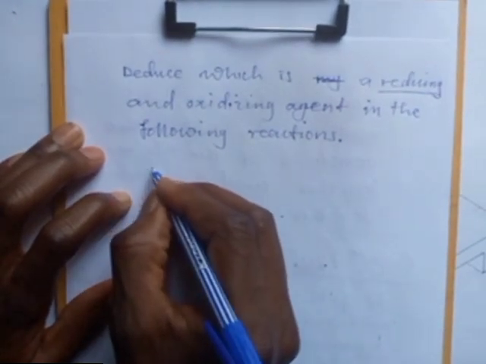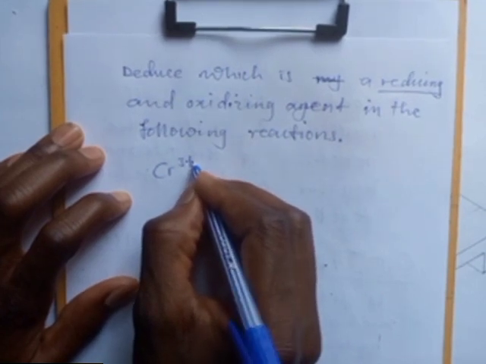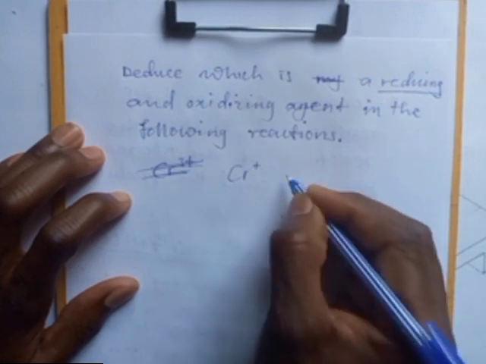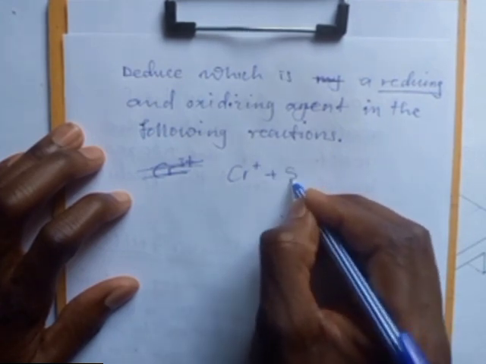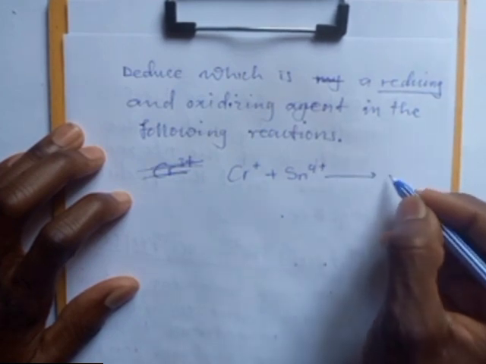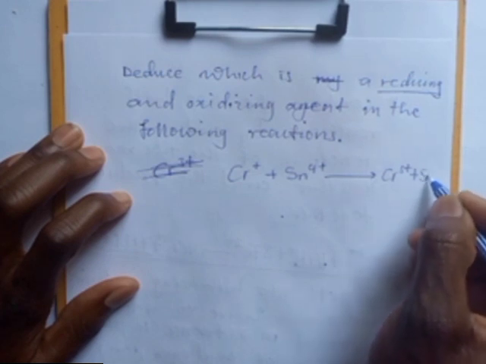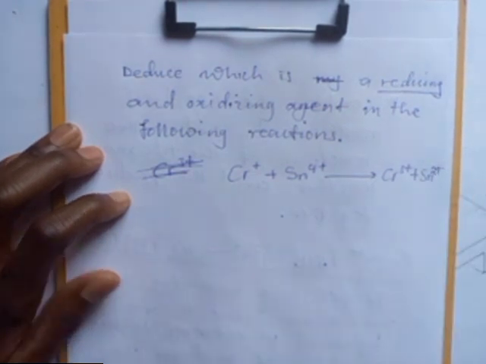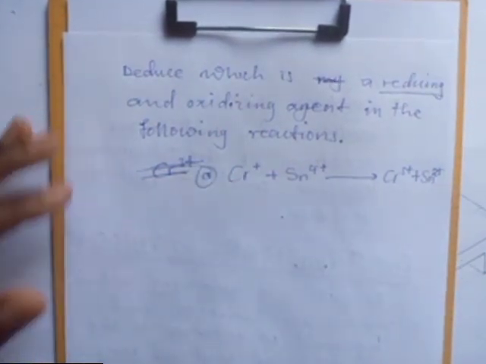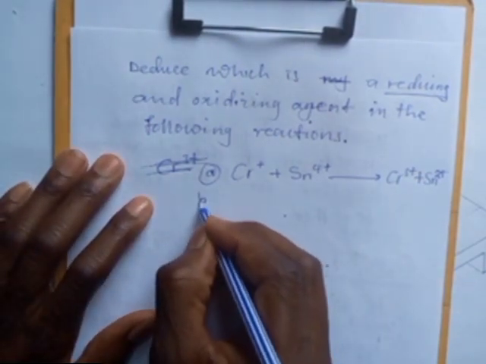The first reaction is going to be Cr+ plus Sn4+, giving Cr3+ plus Sn2+. That is the first equation, A. I'll come to the second equation, which is B.